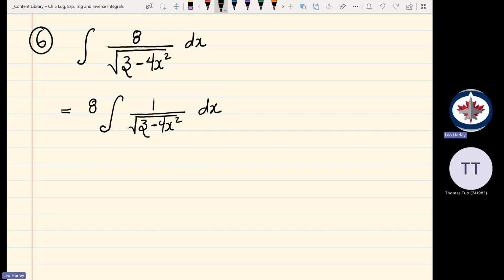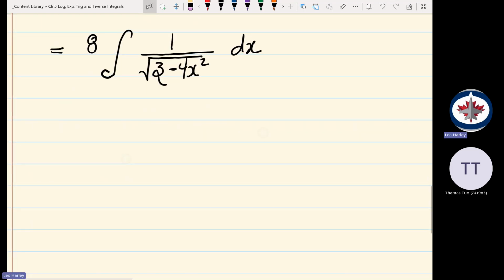So the 8 is not the problem. Is it a constant minus some sort of version of x squared? So can we conclude safely that this is just arc sine? Where a squared shall be 3, so a itself will be the square root of 3.